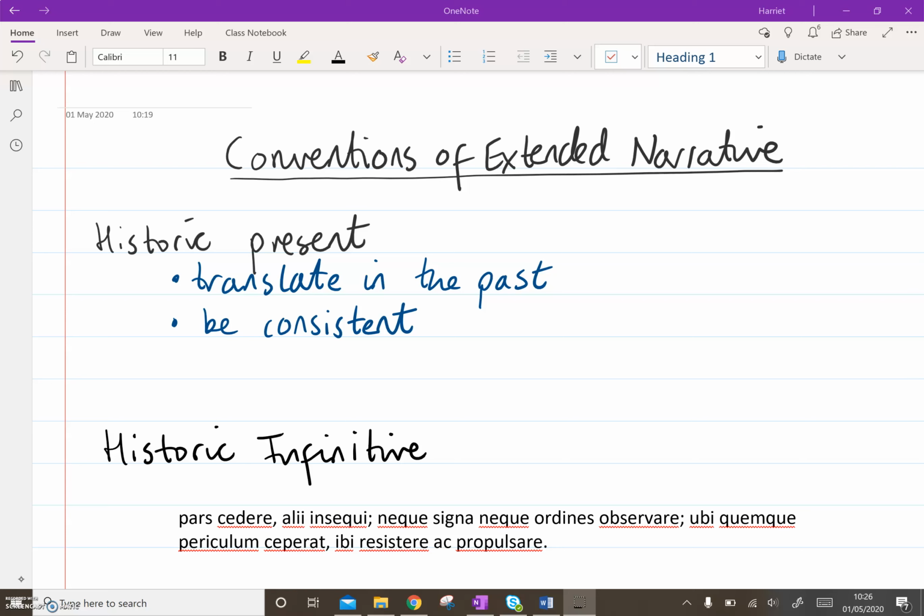You can translate them in the present tense if you like, to keep that vividness in your English, and that's fine as long as you keep everything in the present tense. If you decided that the present is historic, you have to keep everything in the past. If you decide to keep the present in order to be more vivid, like Ovid would do, then that's fine, but you have to keep everything in the present. So the main thing with the tenses is consistency.